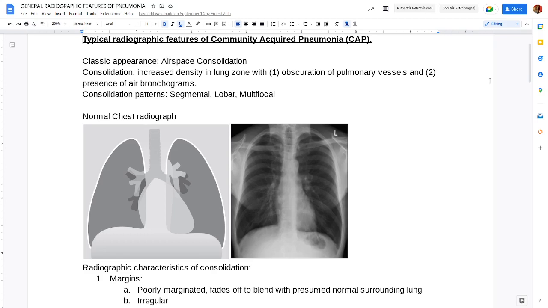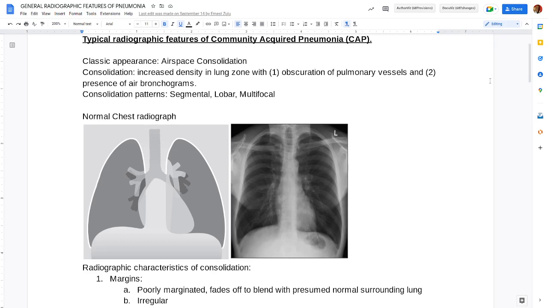There's also hospital acquired pneumonia. What's the difference between the two? So the difference is the causative agent or the microorganism that causes the pneumonia, and also the appearances will be slightly different. So the features on the medical image would be different.